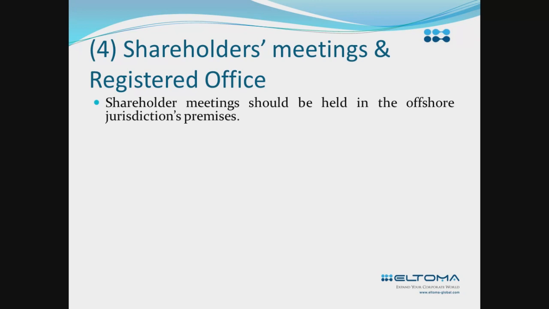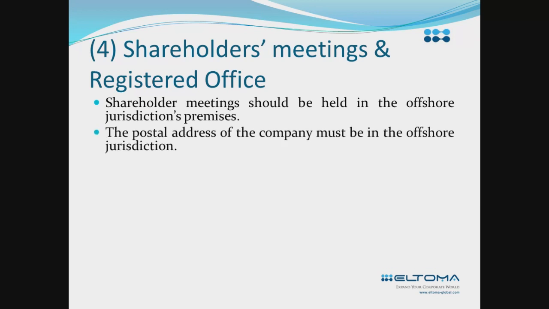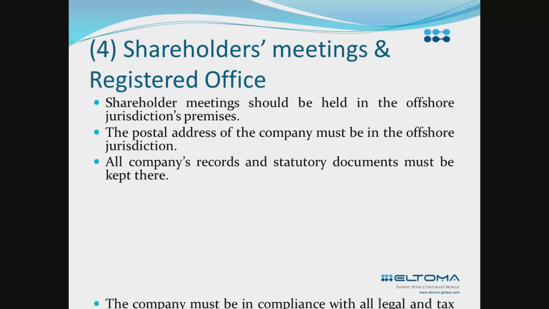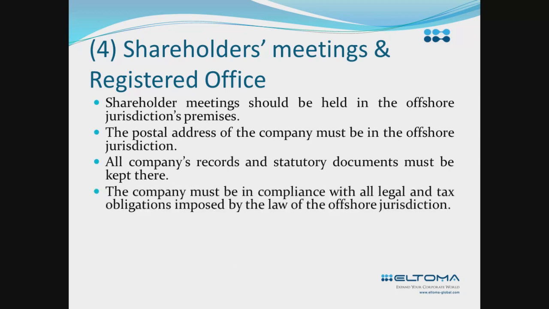Also, the postal address of the company must be in the offshore jurisdiction. And of course, all the company's records and statutory documents must be kept there. In addition, the company must be in compliance with all legal and tax obligations imposed by the law of the offshore jurisdiction.